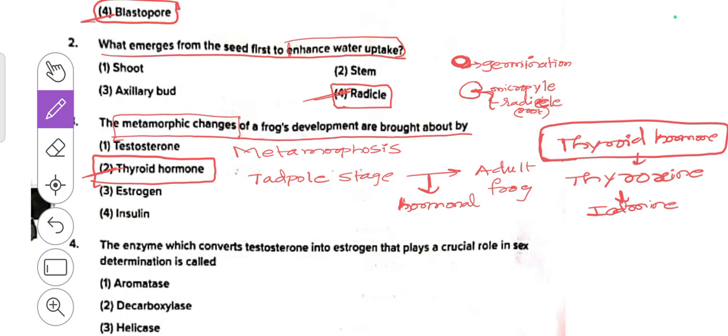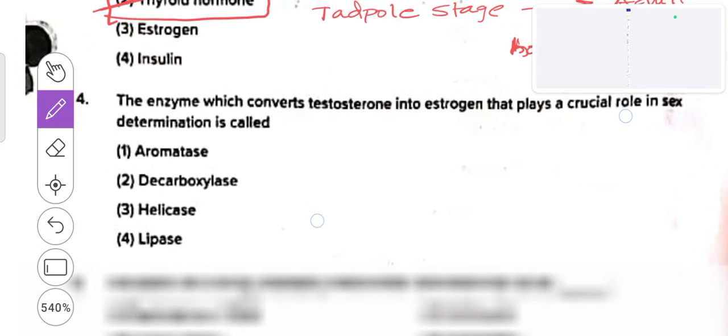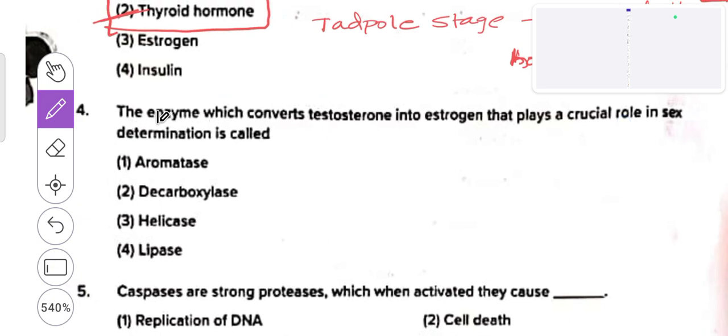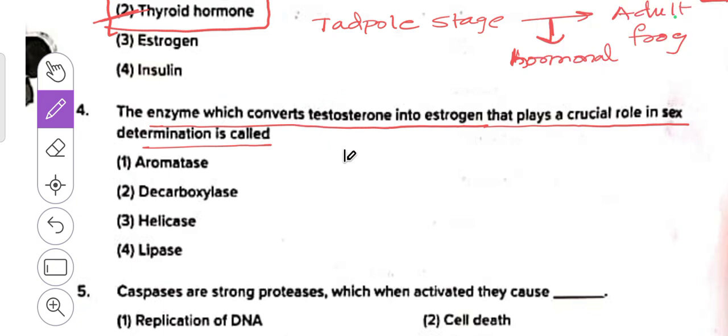Then next question, fourth one. The enzyme which converts testosterone into estrogen, that plays a crucial role in sex determination, is called. Here they are emphasizing the enzyme which converts testosterone into estrogen.